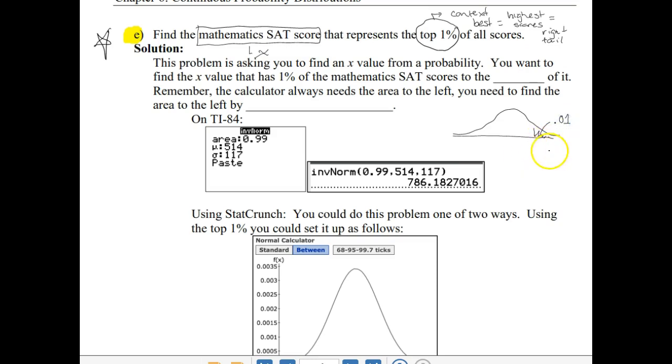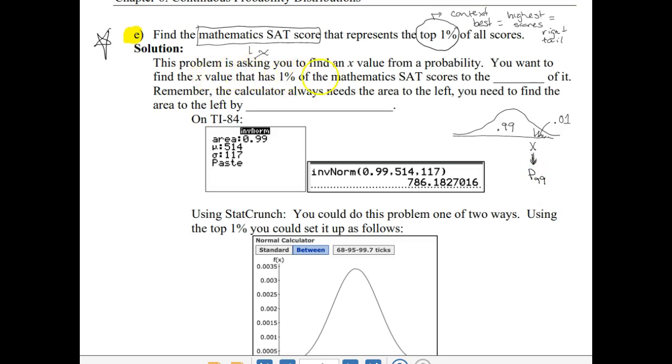Okay, it is not a number down here on the axis. This is the number that we're after, which if we have 1% above it, that means there's 99% of the scores below it. So really what we've been asked to find here is the 99th percentile.